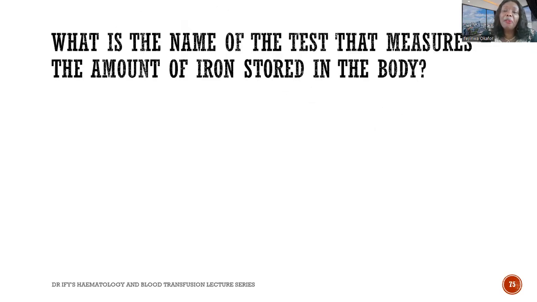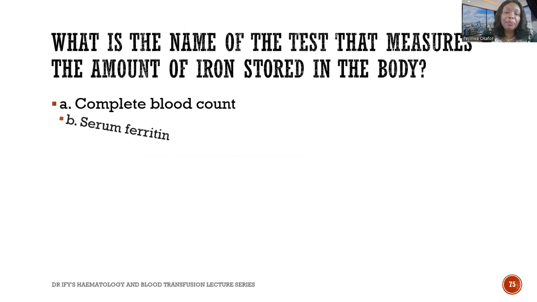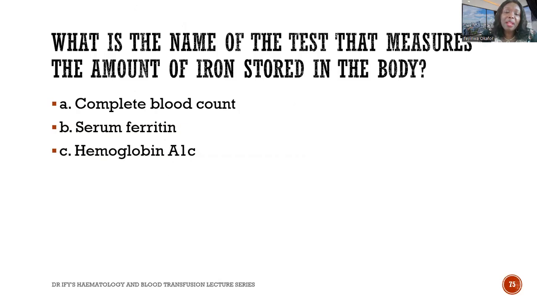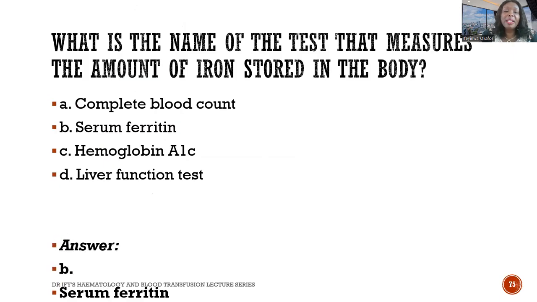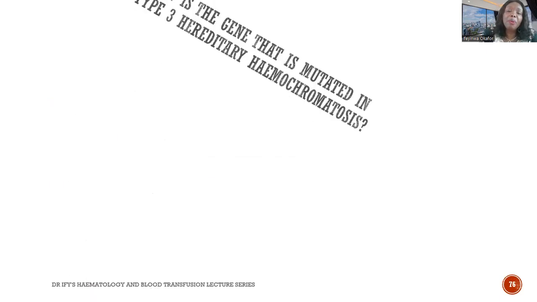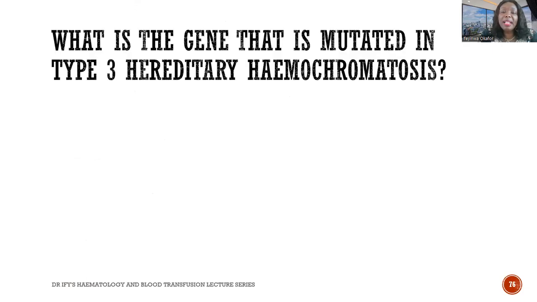What is the name of the test that measures the amount of iron stored in the body? Complete blood count, serum ferritin, glycosylated hemoglobin, liver function test. Answer B, serum ferritin can be used to estimate the amount of iron that is stored in the body. What is the gene that is mutated in type 3 hereditary hemochromatosis?